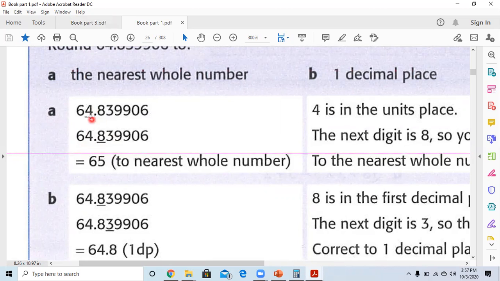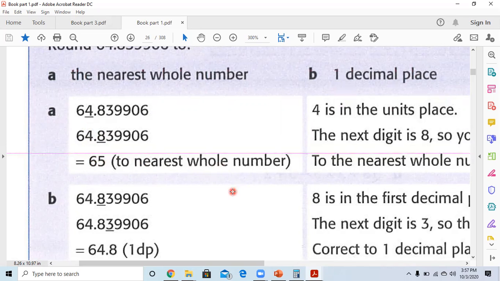Before the point, if the digit after it is more than 4, like 5, 6, 7, 8, you add 1 to the number in front of it. Here it is 8, which is more than 4, so you add 1 to this number: 1 plus 4 is 5, so your answer is 65, the nearest whole number.